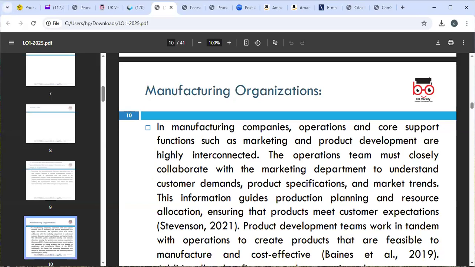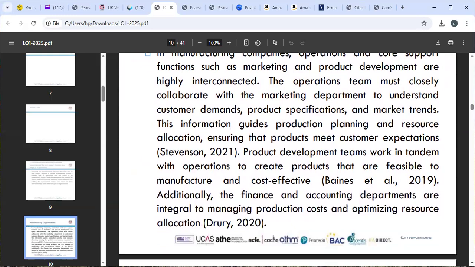Product development teams work in tandem with operations to create products that are feasible to manufacture and cost effective, and we can get that from Baines et al. 2019. Additionally, the finance and accounting departments are integral to managing production costs and optimizing resource allocation.